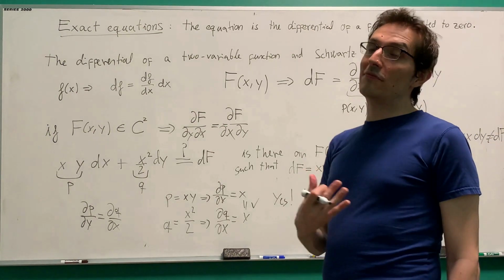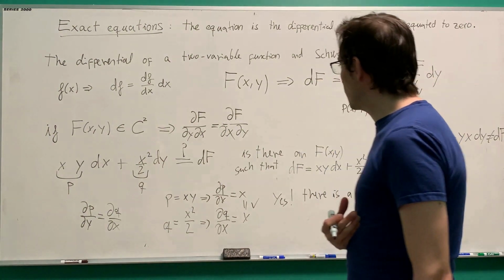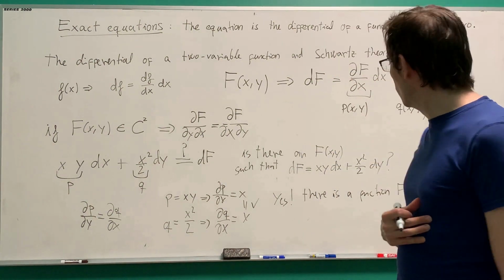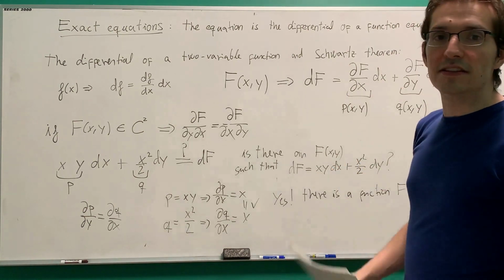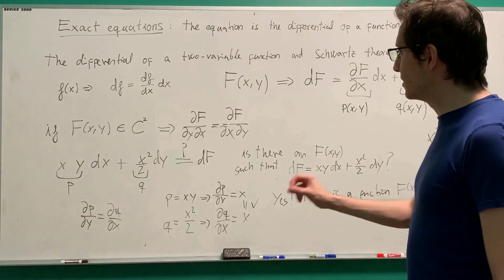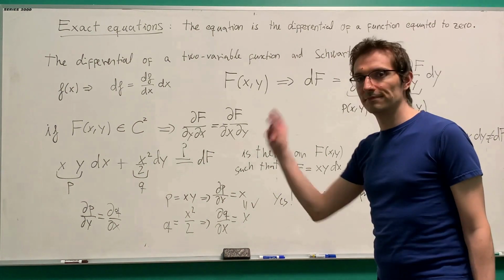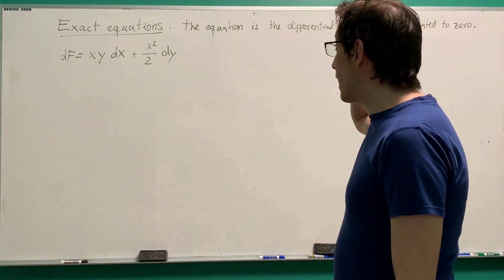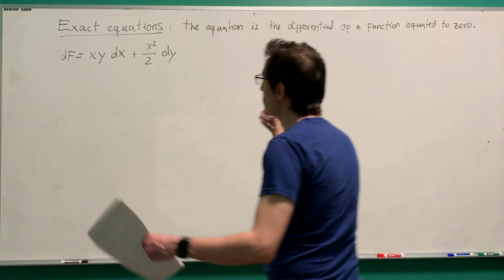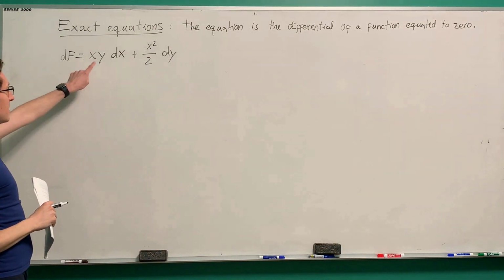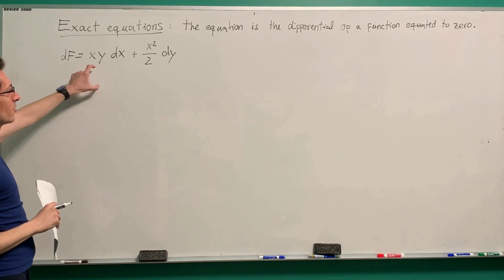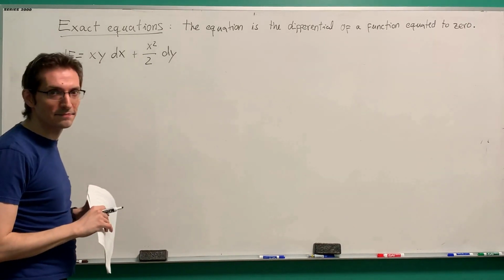Now, the next step would be finding the function. So what would be that function? We can actually do it, but let me erase the board and let's do this particular example. Let's find the function. So just a second. I moved the differential form up there. We already determined that there is an f such that this is the differential of the function because the cross derivatives of the function coincide.